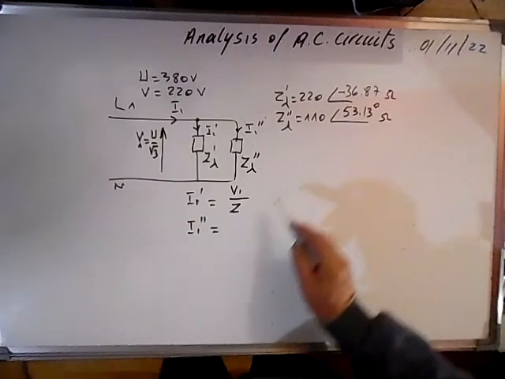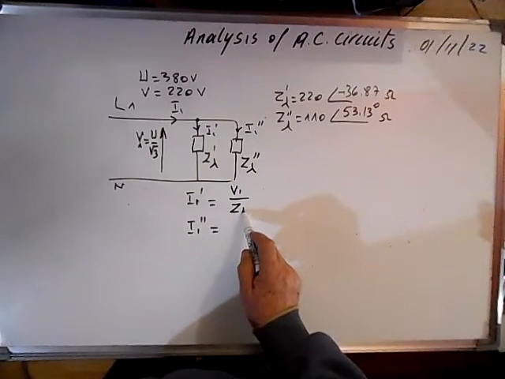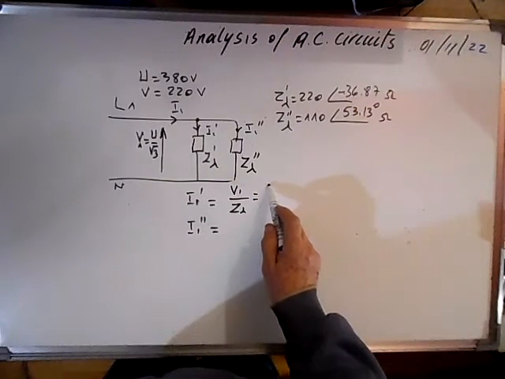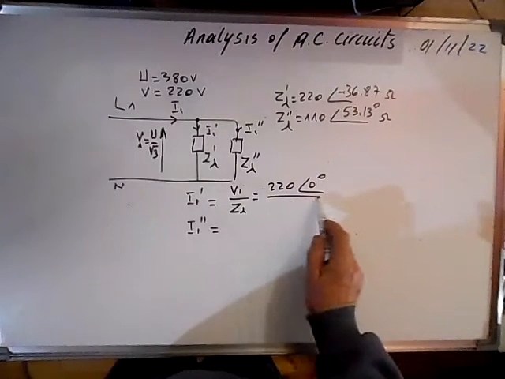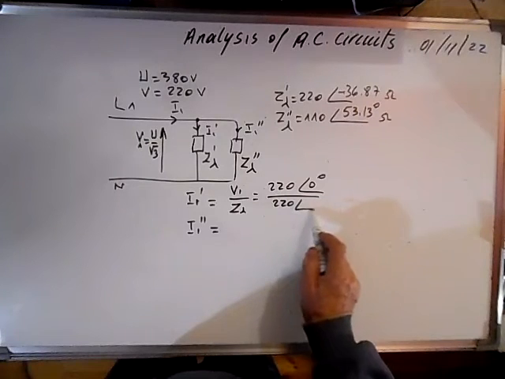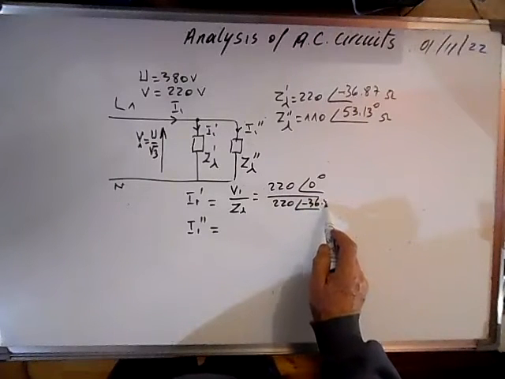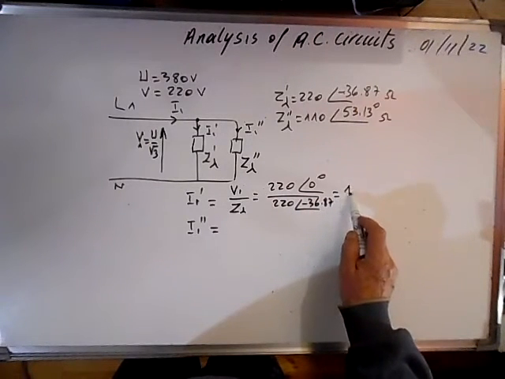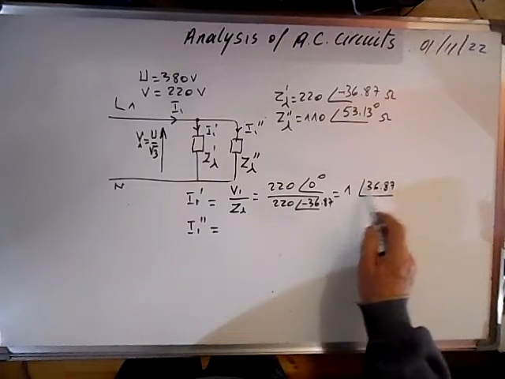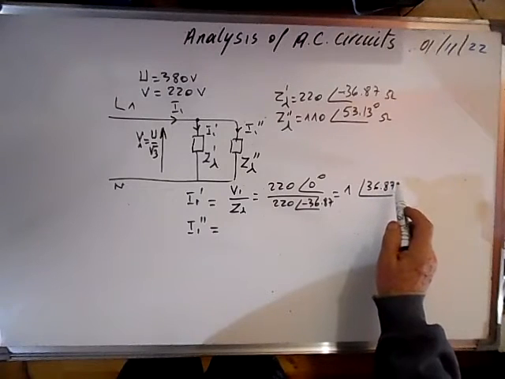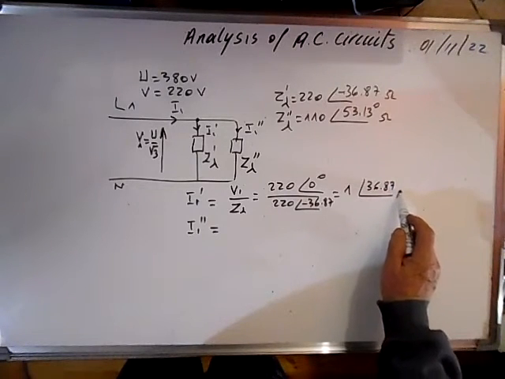Okay, let's calculate the first current. We take V1 as a reference, so 220 minus 36.87, this will give us a current of 36.1 amp, an argument 36.87.